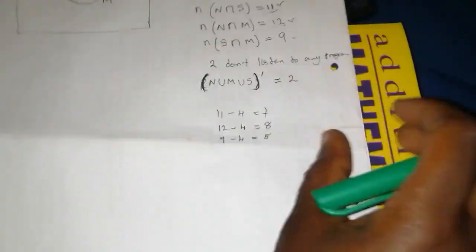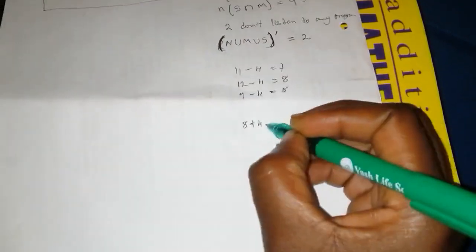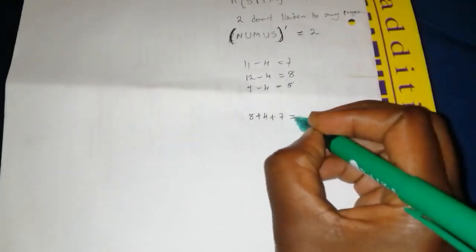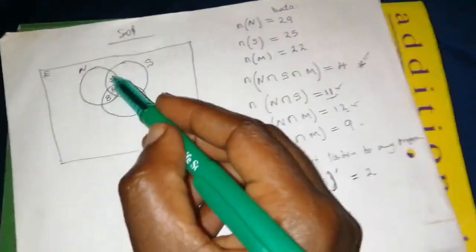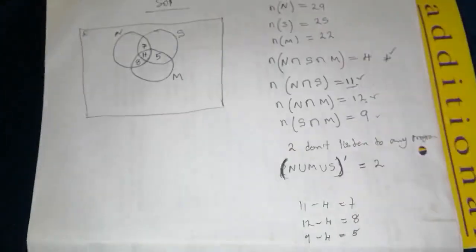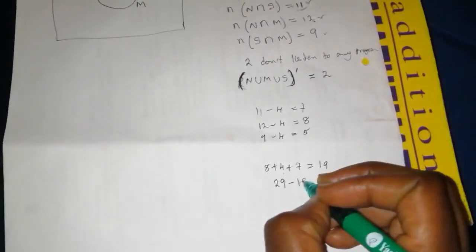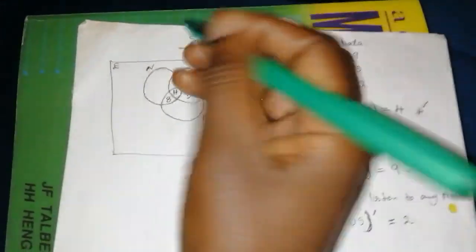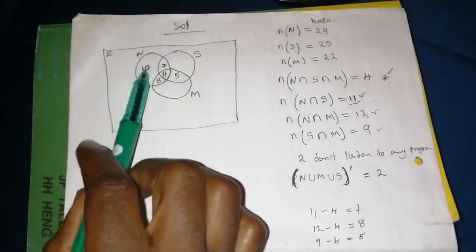So we have 8 plus 4 plus 7. This will give us 19, because 8 plus 4 is 12, 12 plus 7 is 19. So we already have 19 villagers in this set. Now when we subtract 19 from 29, you find that we'll have 10. So 10 has to be written there outside these other sets.